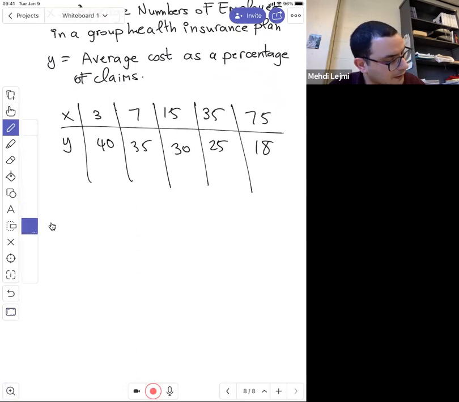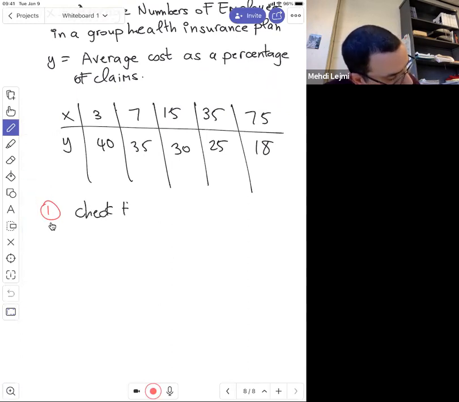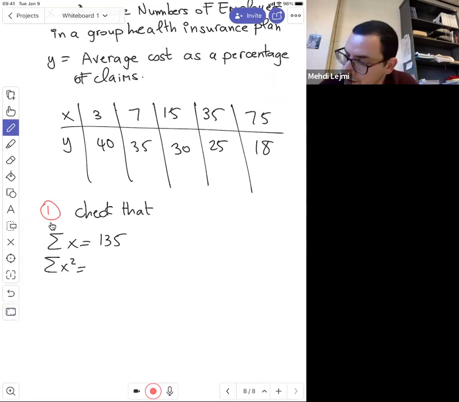First, question 1: you need to check that the sum of the x's is equal to 135. The sum of the x squares is equal to 7,133. The sum of the y's is 148.